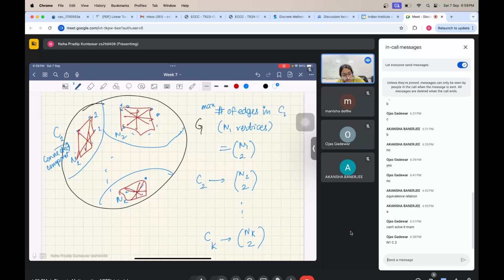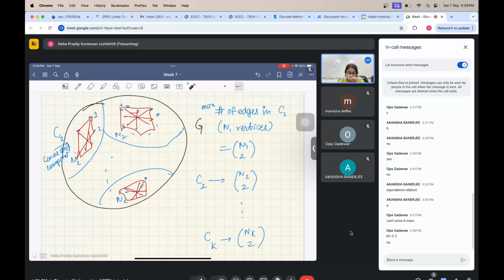Now the question is, can you have more edges? Can you, for example, have an edge that goes from the first vertex of C1 to the first vertex of C2? Good. So you can't have such an edge because it will violate the definition of connectedness. We said these are two different connected components, and hence you cannot have any edge across them. So the only edges you can have are inside the components, and we are just maximizing them.